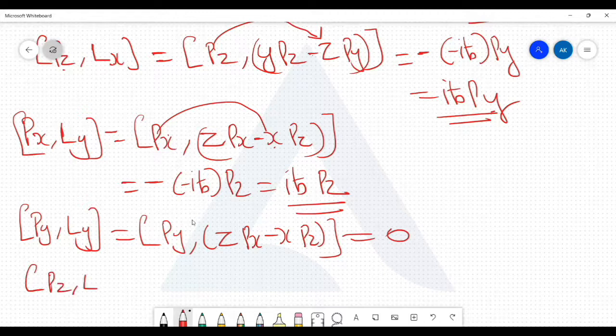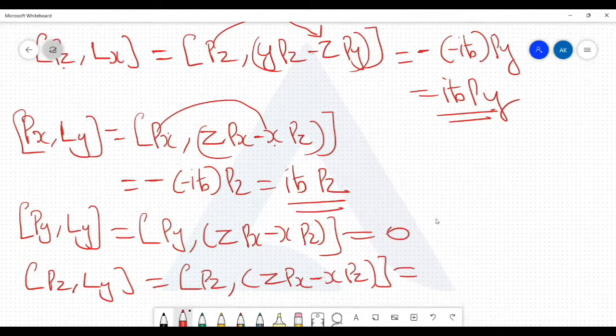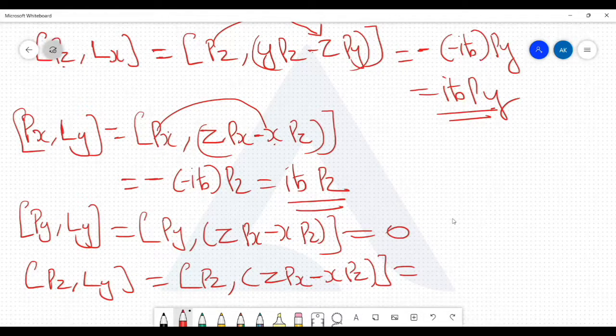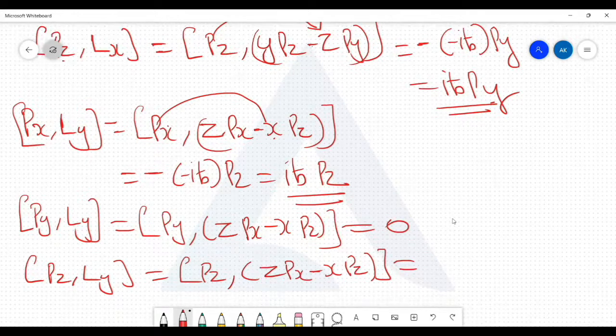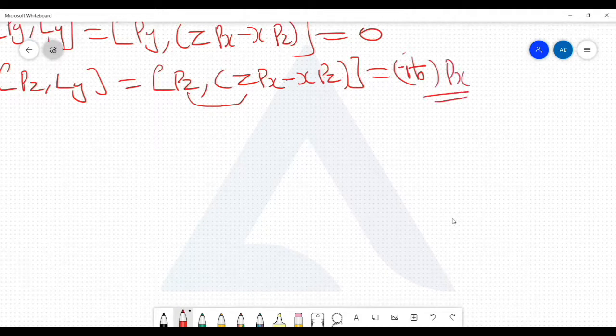Now pz Ly, it's very simple, right? Pz with z px minus x pz is there. Pz is non-vanishing with z, and z is existing there. Therefore, pz is minus iħ cross px. Now we can go with the Lz.